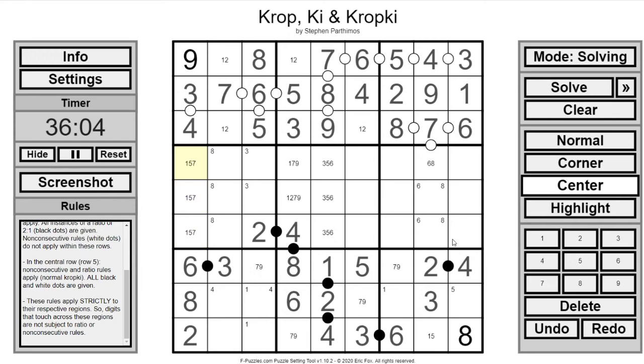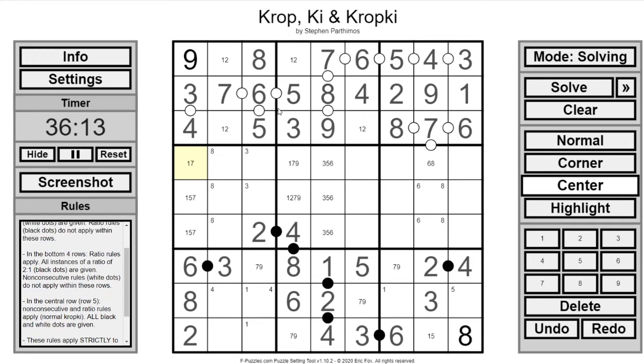5 can't be here next to a 4. It's kind of tricky remembering the top region is more restrictive than the rest of it.